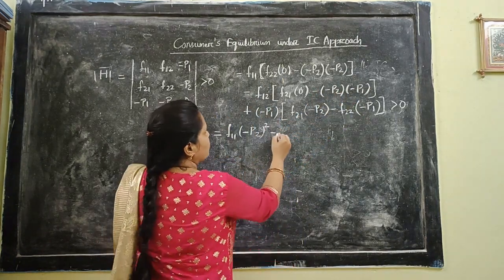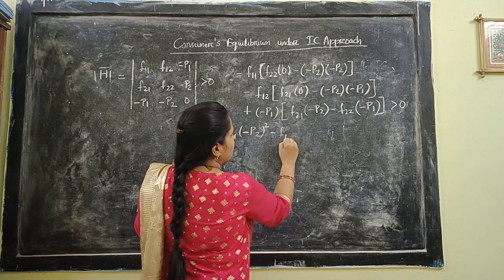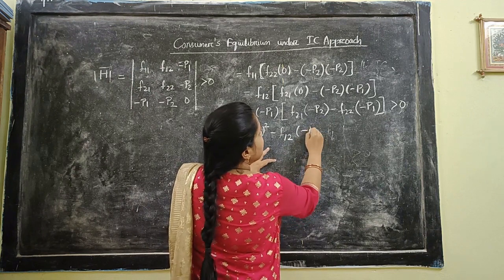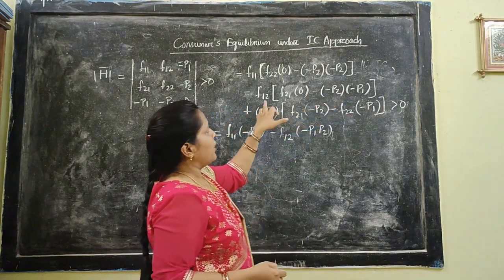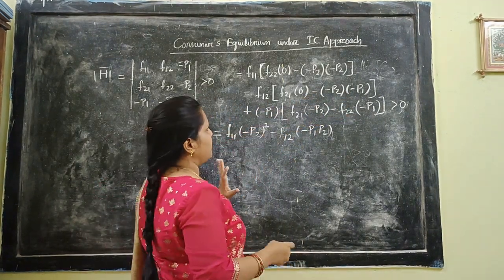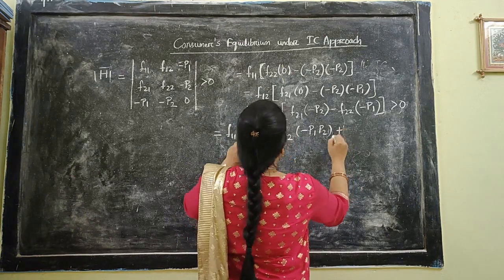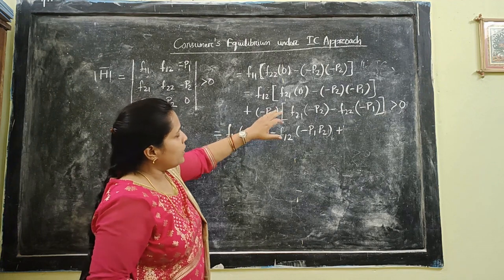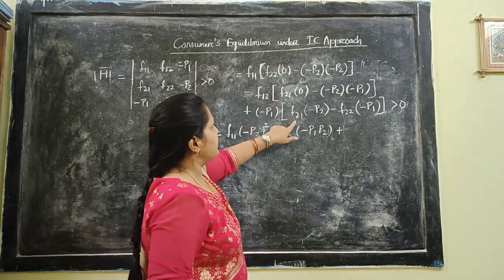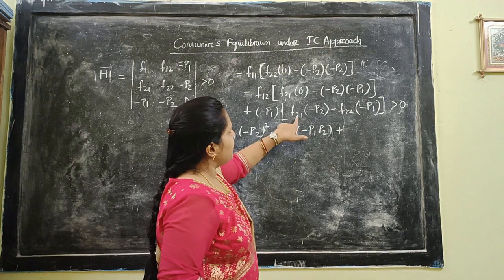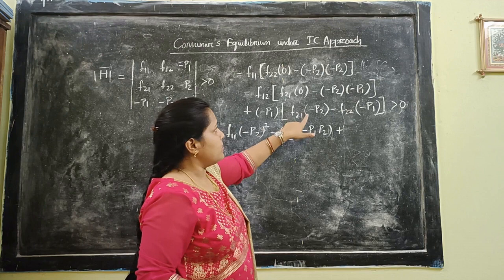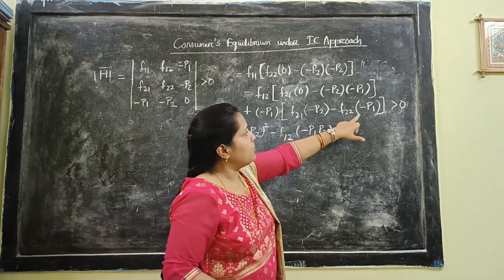So what remains is F12 into minus P1 P2, right? Then the third term, here minus P1 is there. So let's first see what is there in the bracket. Within the bracket, it will be minus F21 P2 plus F22 P1.